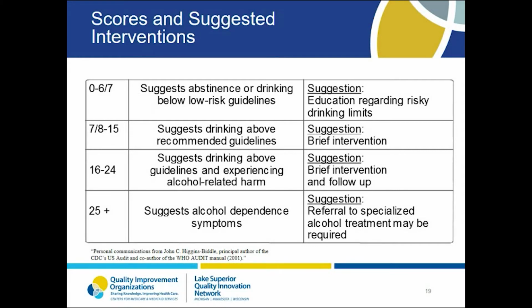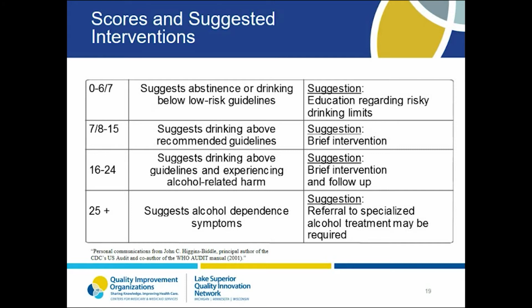This will be identified by the US Audit 1 through 3 pre-screen. The recommended intervention for this group is to validate their appropriate use of alcohol, educate them regarding the low-risk guidelines, and encourage them to remain within these limits.